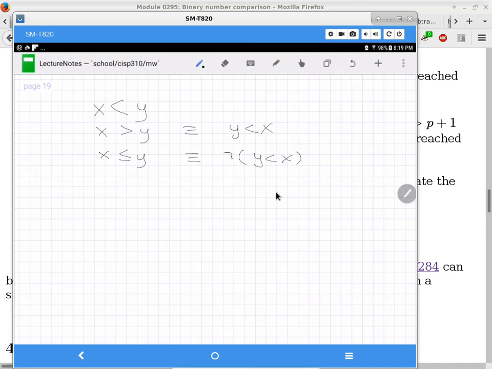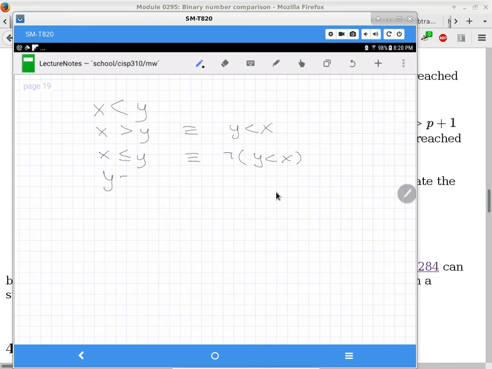If you say x is less than or equal to y, it is the same thing as saying it is not the case that x is greater than y. But if x is not greater than y, then y is less than x. So on this side, I'm only using logical operators and less than. So the idea is, is less than all by itself sufficient to implement all of the other relations for comparing?